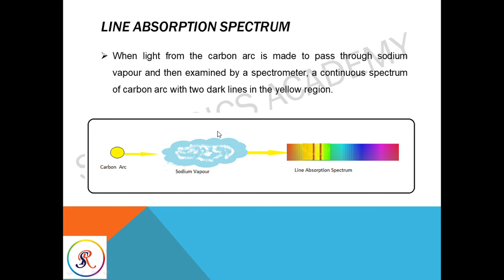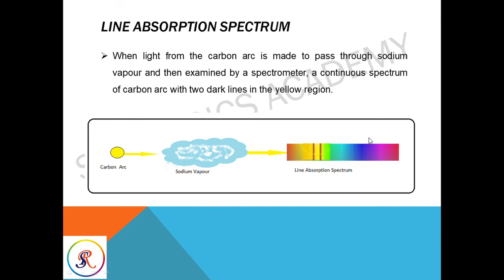Next is the line absorption spectrum. I told you that we use different spectra for testing, identifying atoms, molecules or different gases. When light from a carbon arc is made to pass through sodium vapor and then examined by a spectrometer, we see two dark lines.